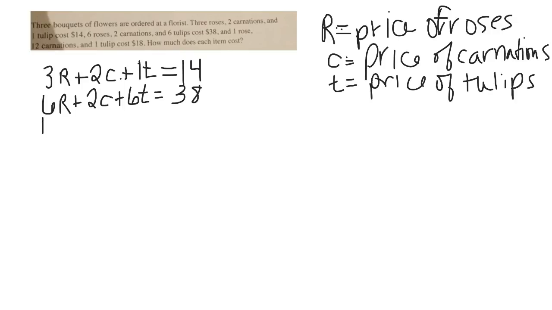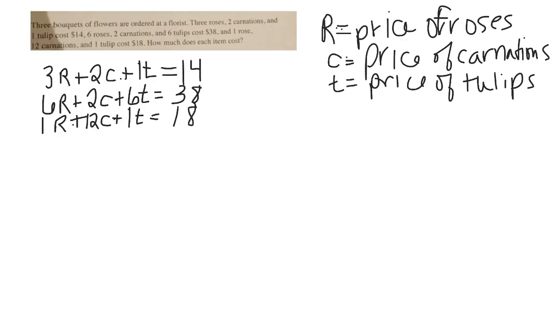And 1 rose plus 12 carnations plus 1 tulip costs $18. And we want to know what each item costs. So it looks to me like it's going to be easiest to eliminate the t maybe.